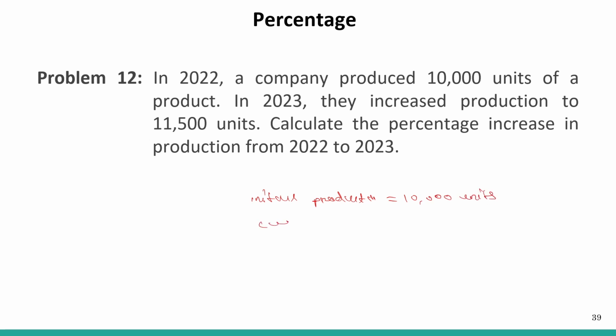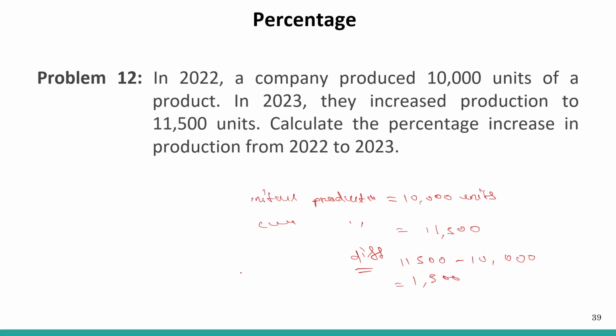Current production is 11,500. So the difference is 11,500 minus 10,000, which is equal to 1,500.